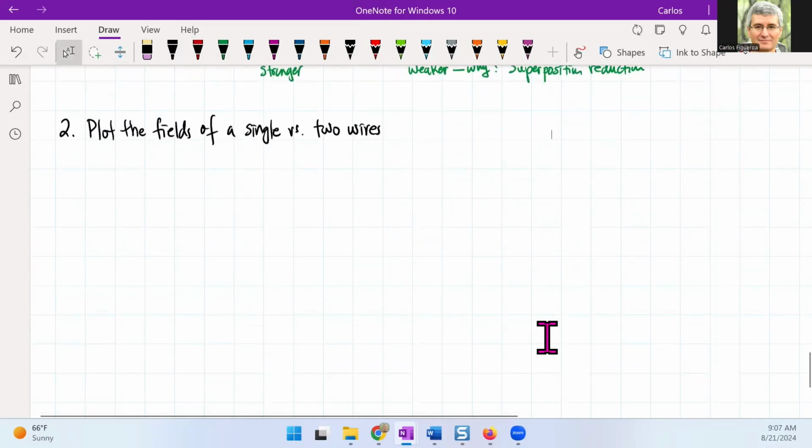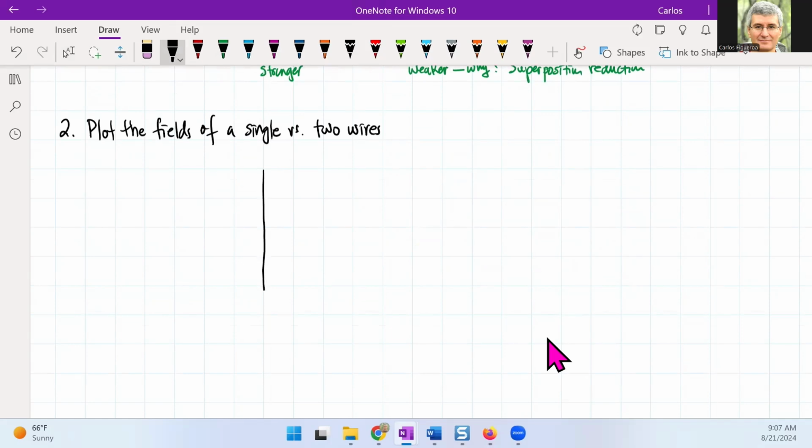And so when I look at this thing, the behavior, in my opinion, is pretty surprising. So if I look at a single wire, this is the magnetic field as a function of x. I didn't write it all in detail. It looks something like this. Okay, so this is going to be the field of a single wire.